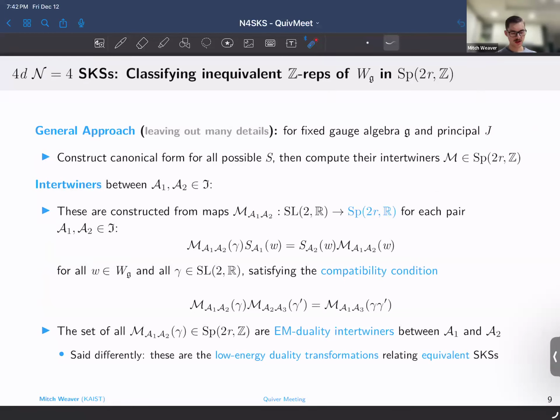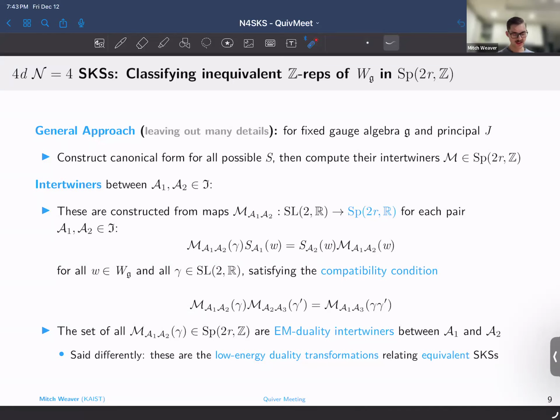So if I'm given two elements of this set, their intertwiners end up being constructed from these maps, which take as input some 2R by 2R matrix from SL2R and spit out something that's a real matrix, but still symplectic. And they satisfy the following sort of intertwiner relation.